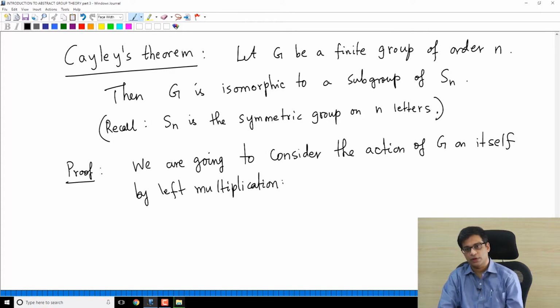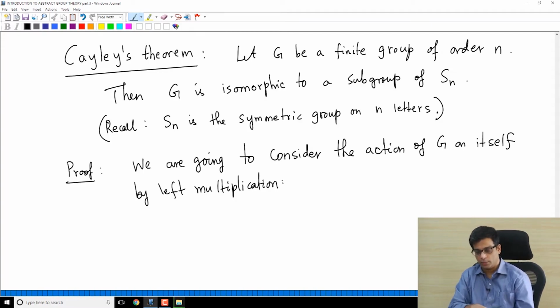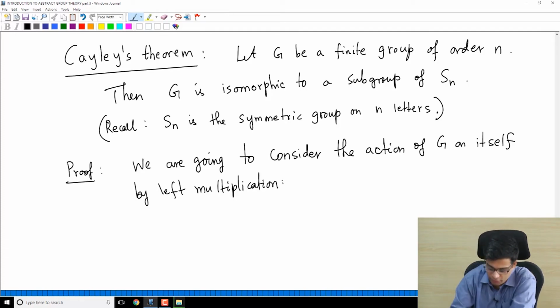Two of those examples were a group acting on itself. So the group is G, the set is also G in these examples. There were two important actions that I highlighted at that point of a group on itself. One is by left multiplication, the other is by conjugation. So in this proof we are going to apply the action of G on itself by left multiplication.